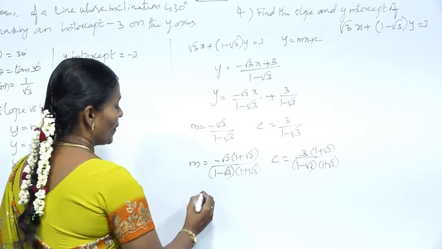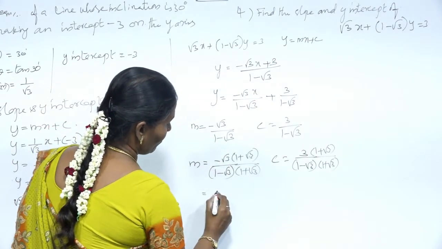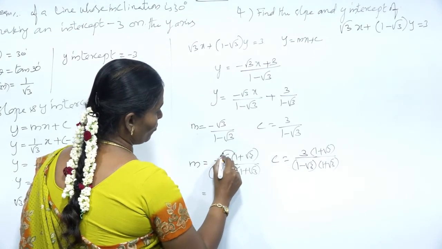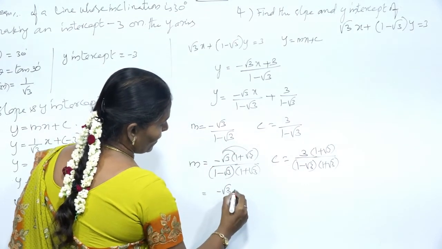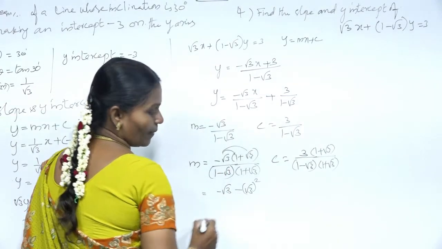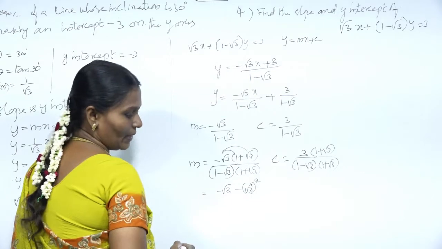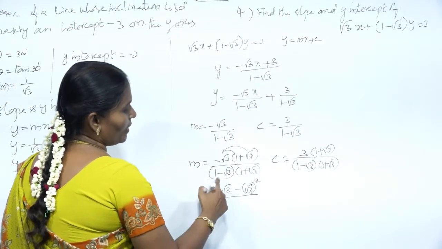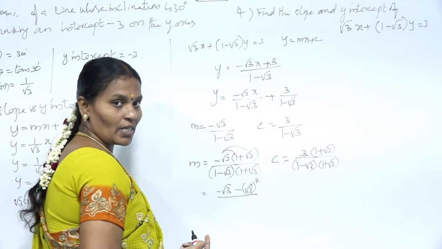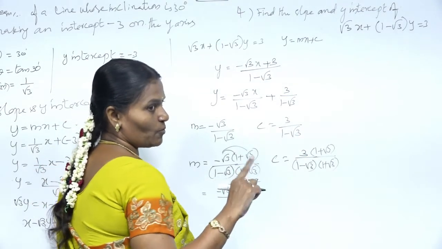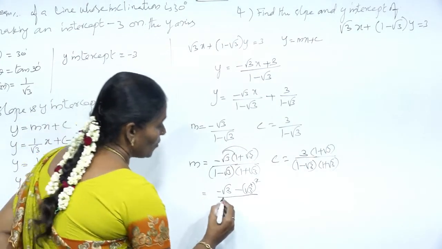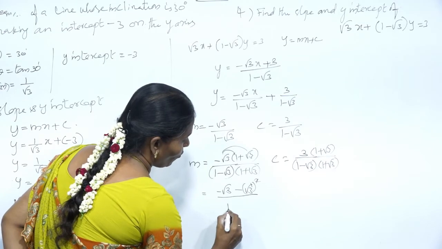Now multiply this minus root 3. 1 into minus root 3 is minus root 3. Then minus root 3 into root 3 is root 3 the whole square, and square root and square cancel. The denominator is in the form of a minus b of a plus b. Am I correct, children? So we apply the formula: a minus b of a plus b is equal to a square minus b square. a square means 1 square.